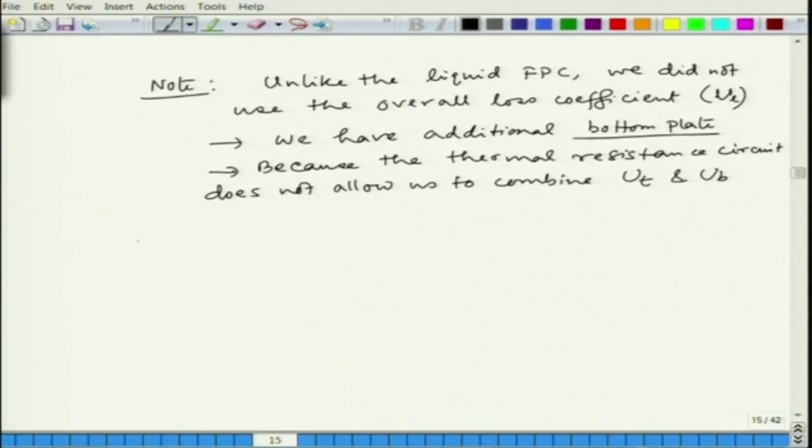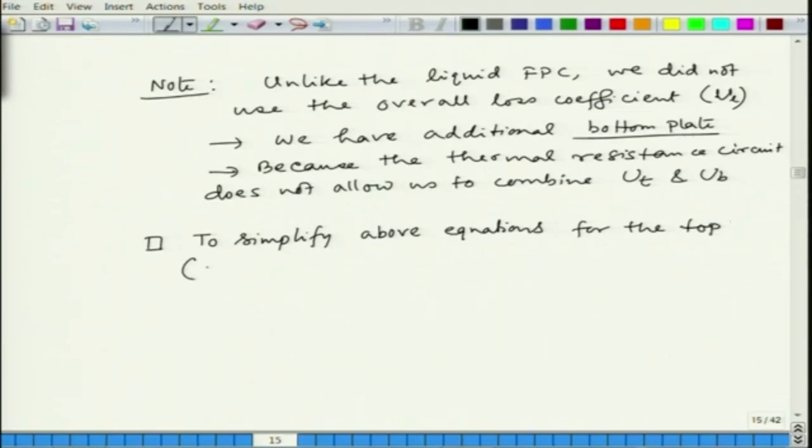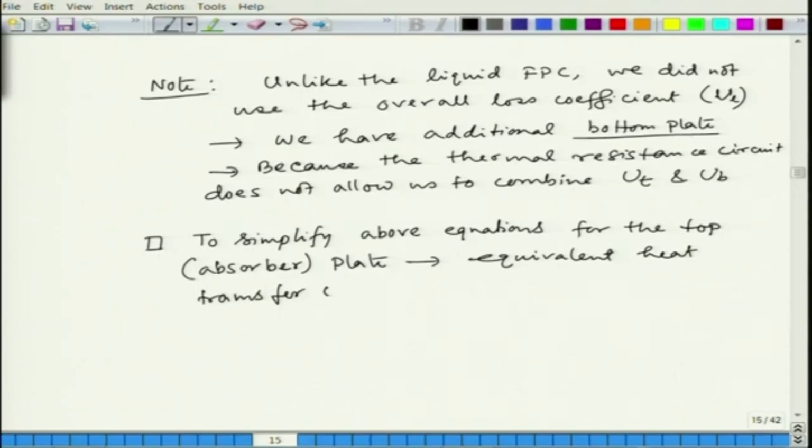Now, another thing, to simplify the equations that we have just written for the top, or I should say absorber plate, we will use the equivalent heat transfer coefficient for the radiative term.